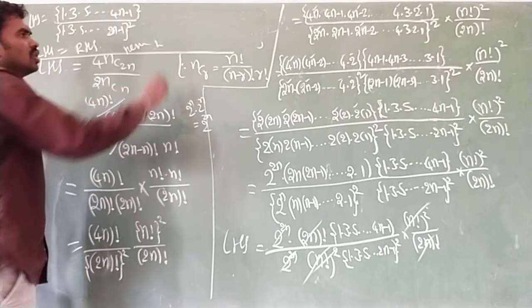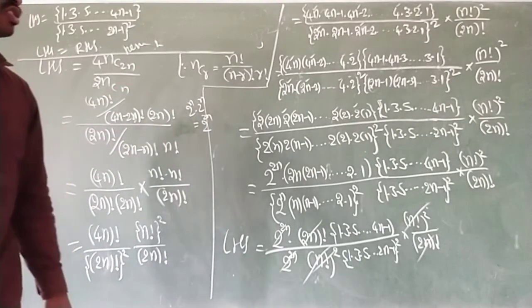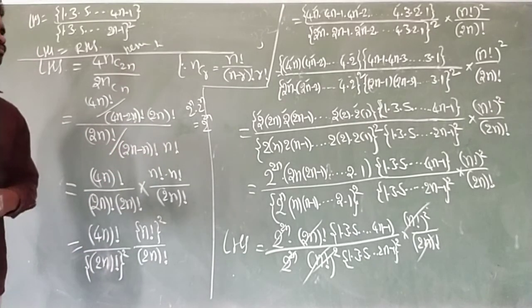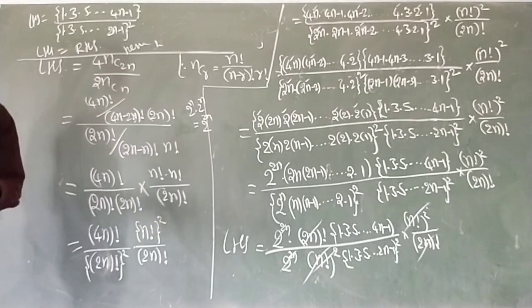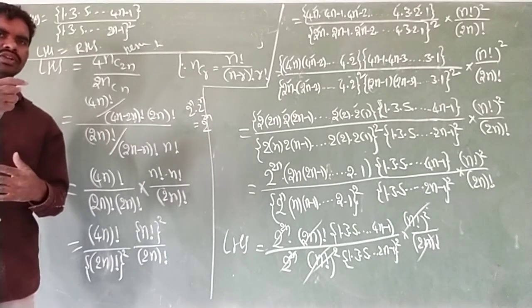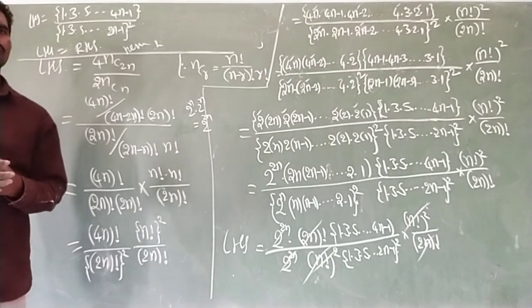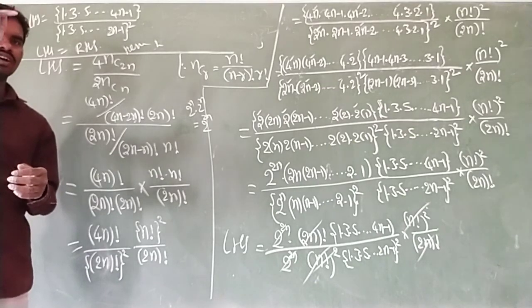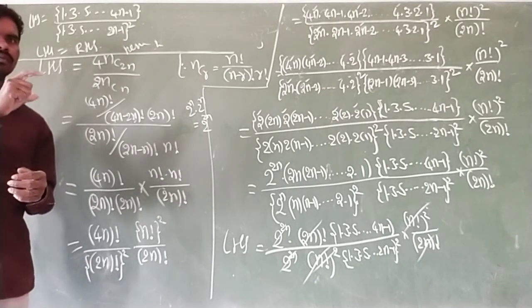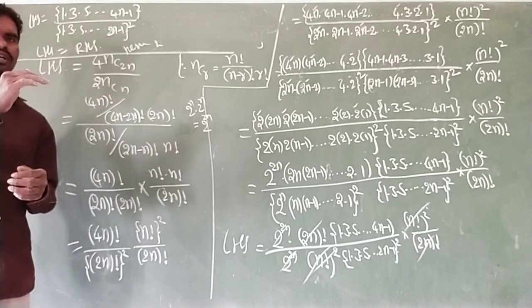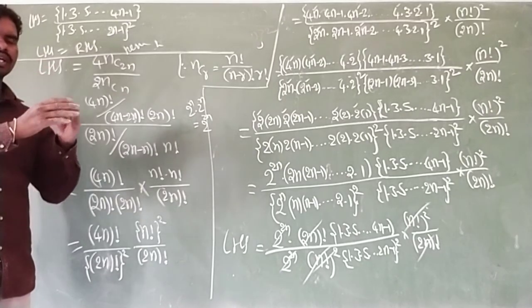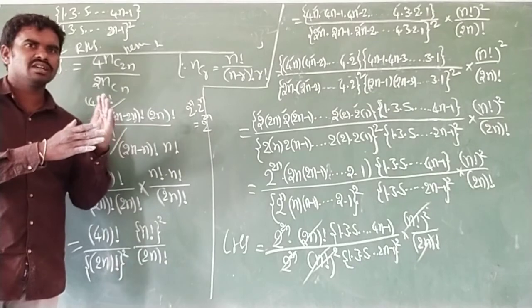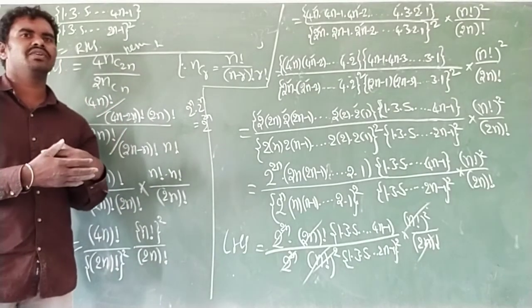Hence proved. Okay friends, if you have any doubts, please watch this class again. You can play the YouTube video slowly or fast. Go to YouTube settings, click the 3 dots, then the play speed option. Click it, then you can see which speed we want.